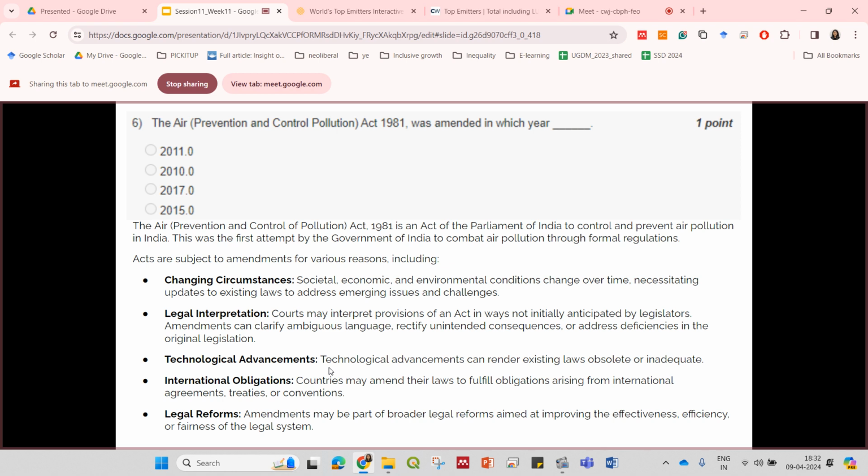These are the various reasons that can cause existing acts to be inefficient or obsolete, and that is why amendments are introduced in the existing acts. So I hope this is clear.